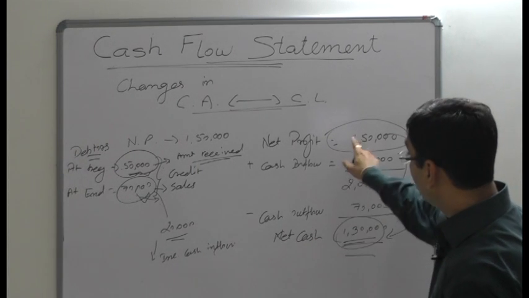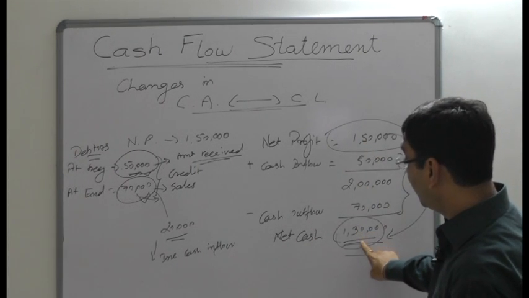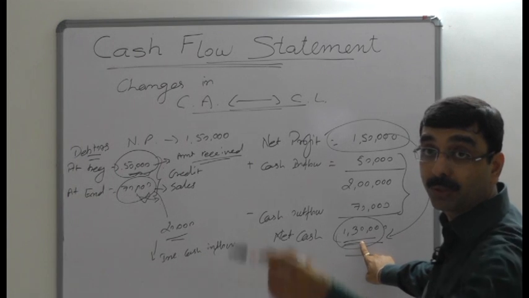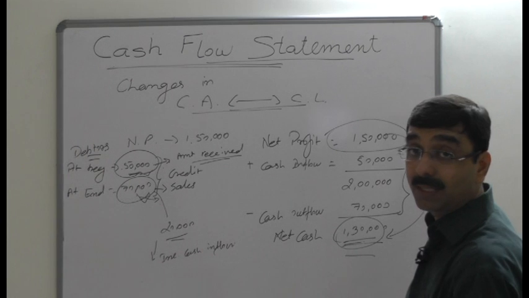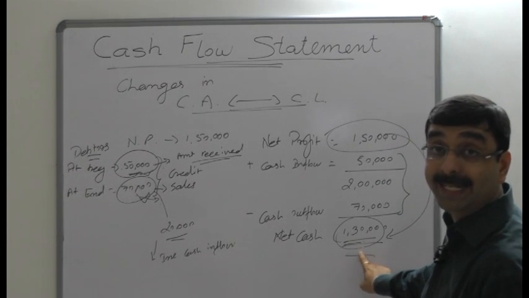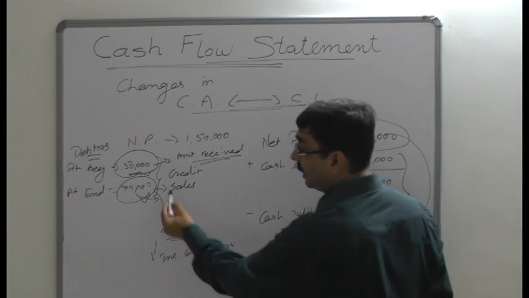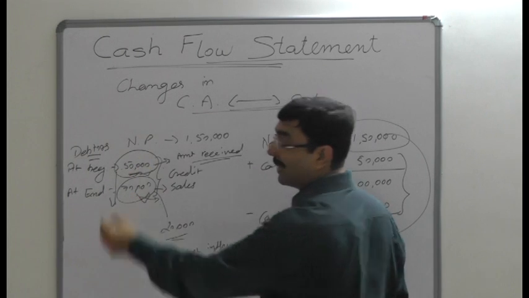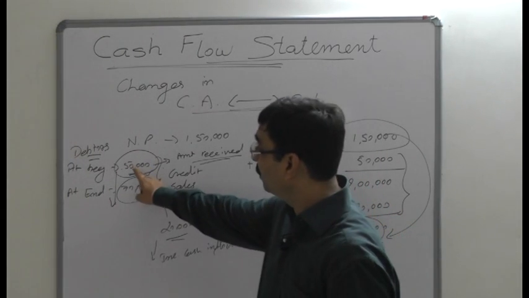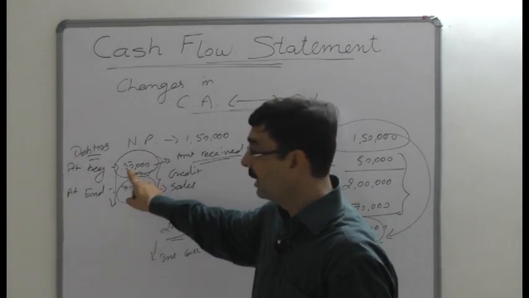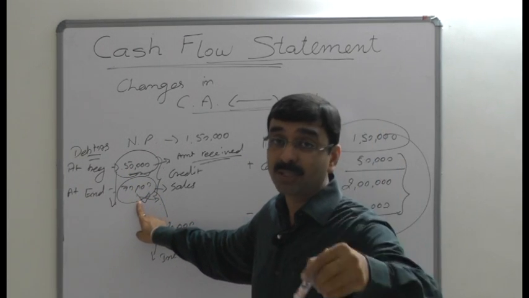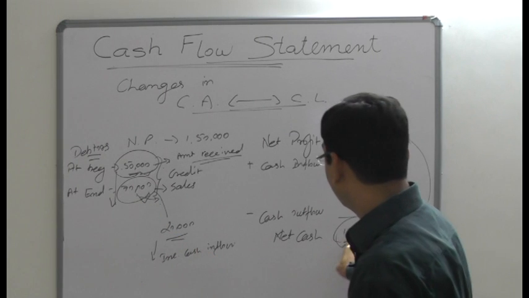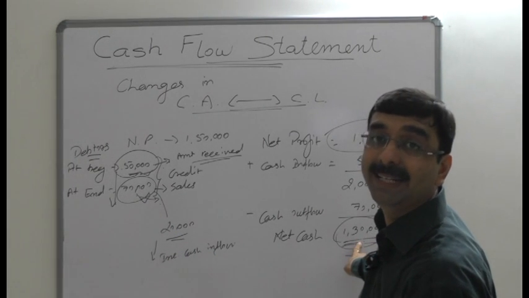So from the beginning net profit to the end cash inflow, an amount has been consumed by current assets, and that's why the cash flow decreases due to increase in current assets. At the beginning of the current year it was 50,000. At the end of the year, your current assets increased, and because of that, your net cash inflow decreased.